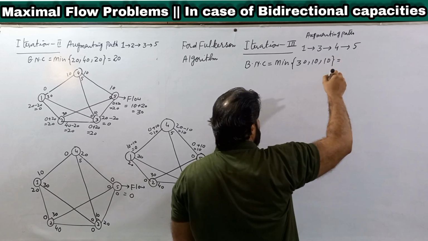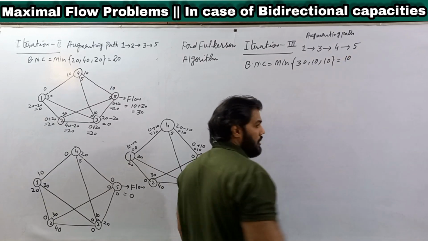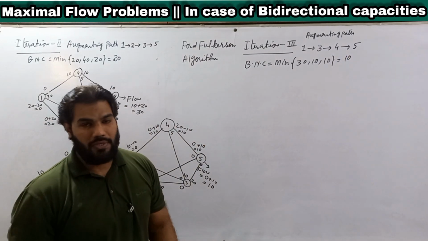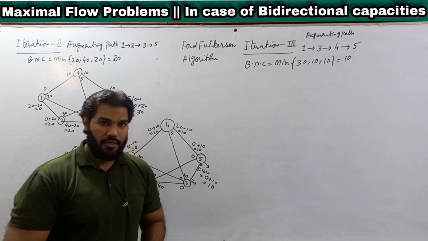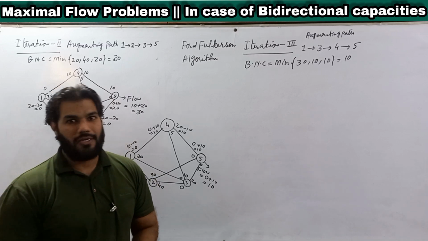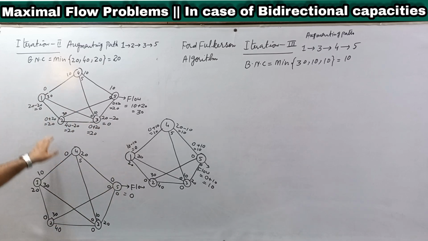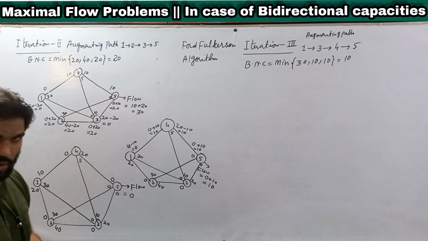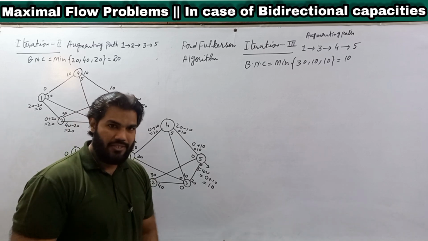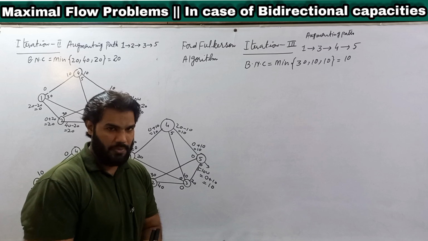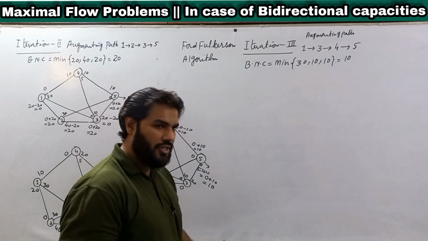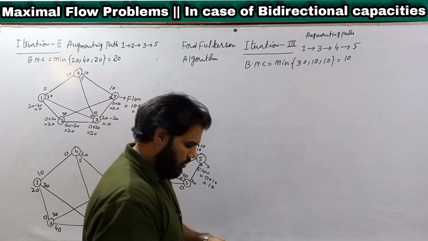So the minimum of these three numbers is 10 units. As in the previous iterations, we again subtract this bottleneck capacity from the numbers after the nodes and add it to the numbers before the nodes of every edge associated with our augmenting path. So the resulting residual graph will be now.